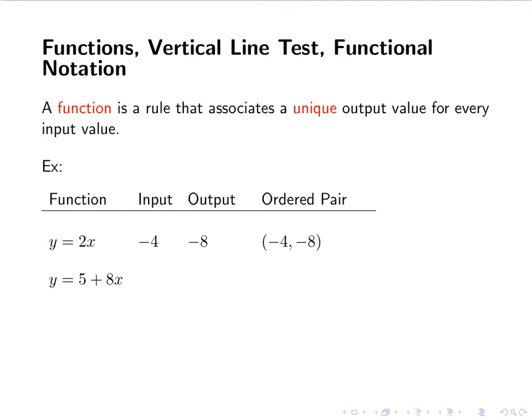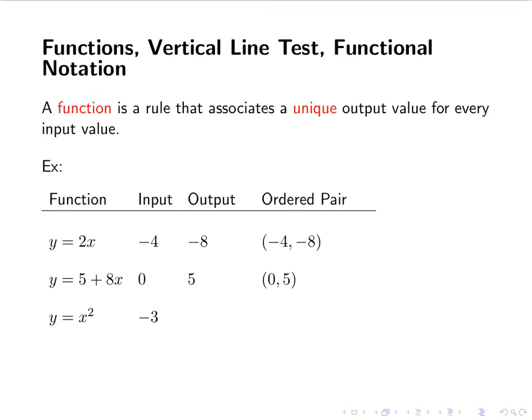So here's another one, y equals 5 plus 8x. If I have an input of 0, my x becomes 0, this cancels out, my output should be 5. I put them together and I get the ordered pair 0, 5. y equals x squared.